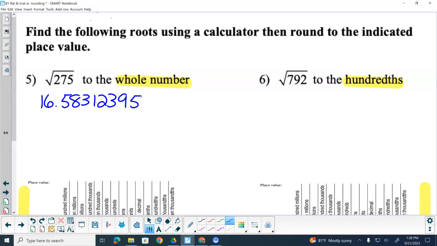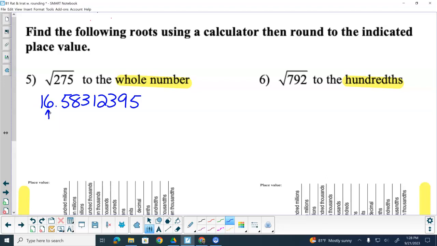So what would we round to? What digit, what number would we round to? What's the number that I'm looking at? The whole number? I'm rounding to that one, right? So I'm rounding to the 6.